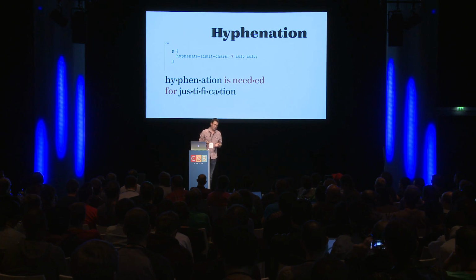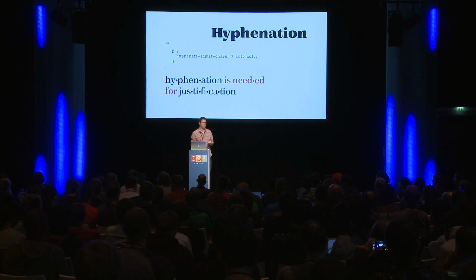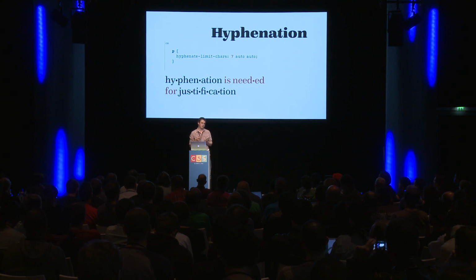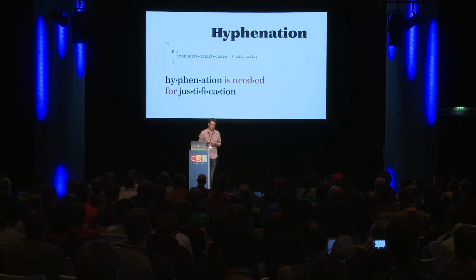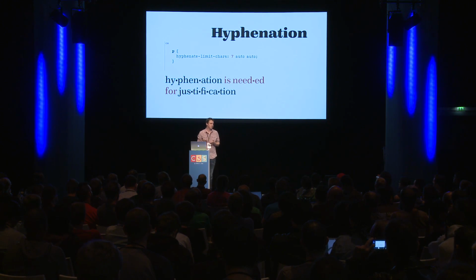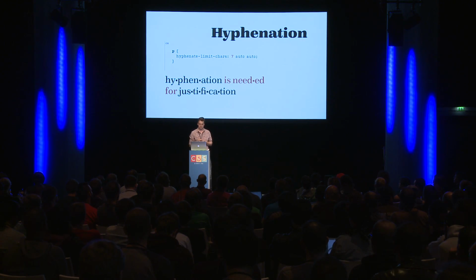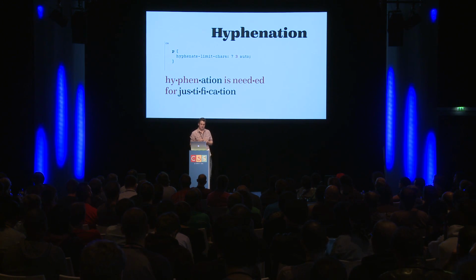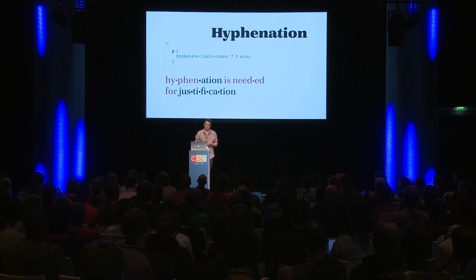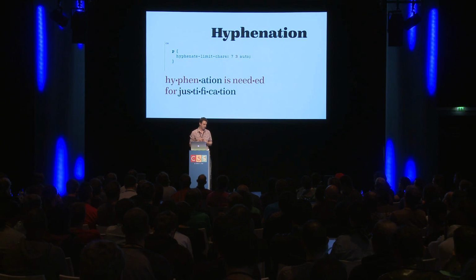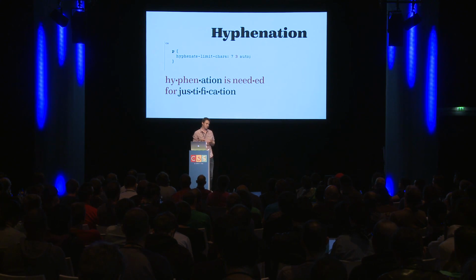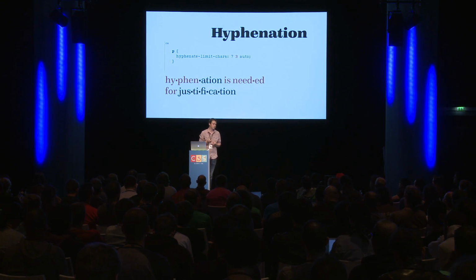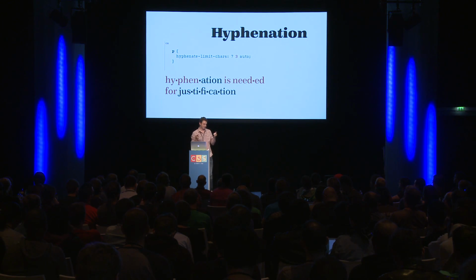So you can set the first value, which limits the length of the word that is considered for hyphenation. I set it to 7 here, which excluded the word needed. The second value controls the minimum number of characters before a hyphenation point. I set it to 3 here, which kind of excludes the first hyphenation point in hyphenation.